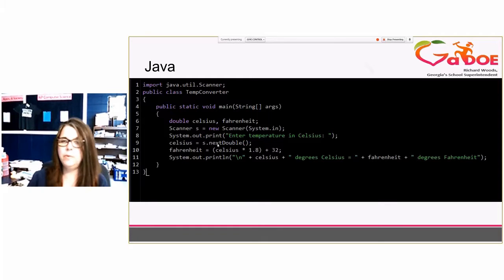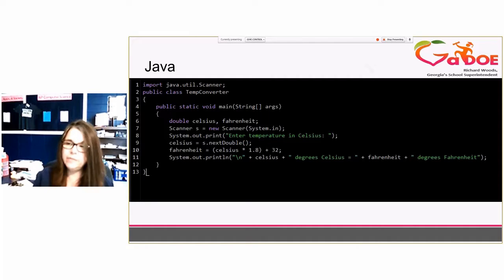So real simple, but there's a lot to it. Having this as an example helps them go through a lot of processes. They have to understand that they're getting user input, that they have to ask the user to input, that they have to do some mathematical conversion, they're using variables, and then they're using string concatenation and output.